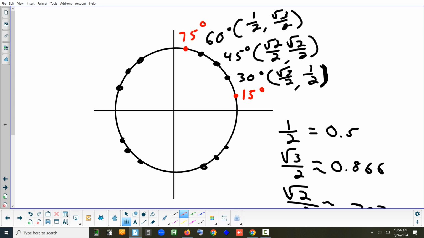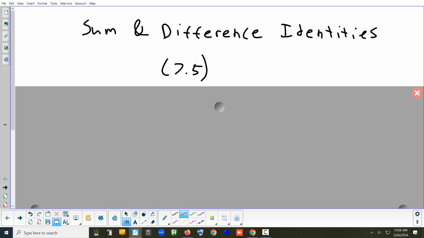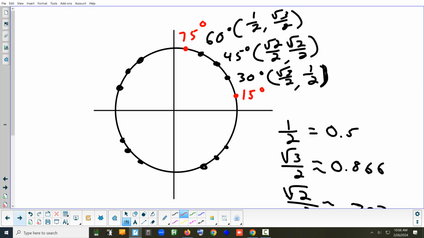Once we learn the sum and difference identities, we're going to be able to do the 15 and the 75 in every quadrant. But to do the 15 and the 75, you have to already know the 30s, 60s, and 45s. So that'll expand what we can do on the unit circle directly by 8 points.